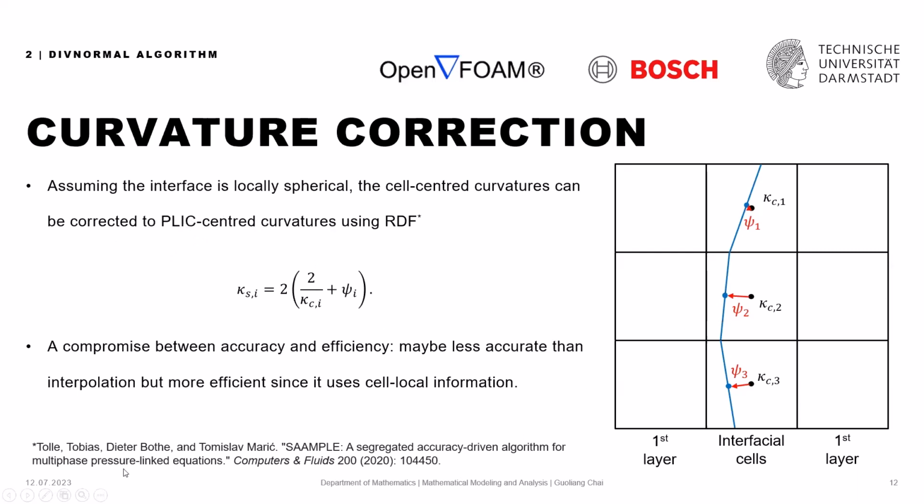This is a reference from this paper. You can say that it's a compromise between accuracy and efficiency, because we can also use interpolation, but interpolation needs its neighbor information. If we use this correction, we will only need the cell local information.